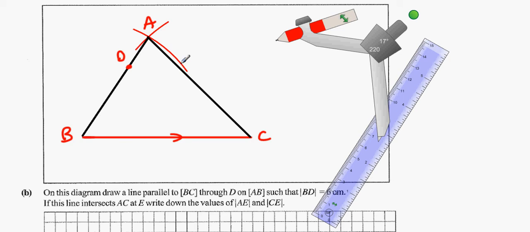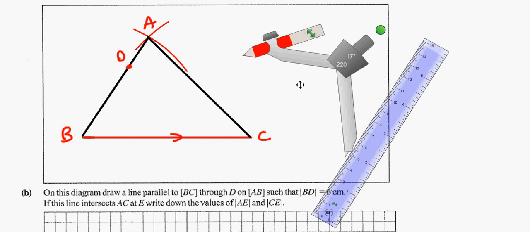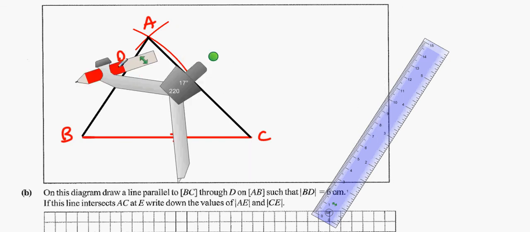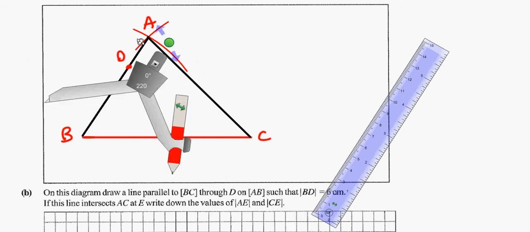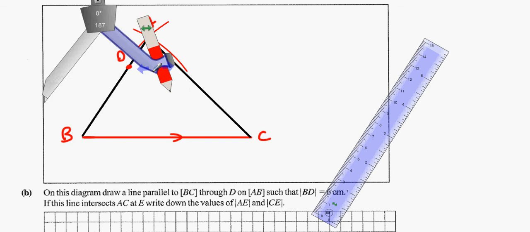Now that that's done, what we're going to do next is get our compass out, and we're going to draw an arc. So we're going to go through the construction for doing a line parallel. Okay, so we're just going to take this in.